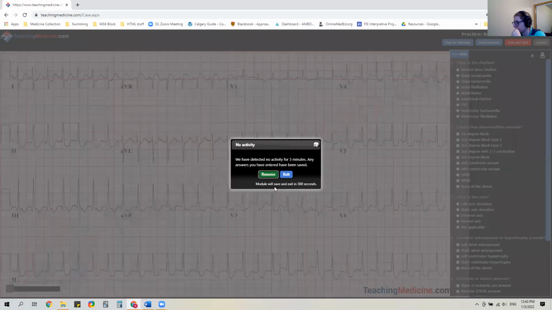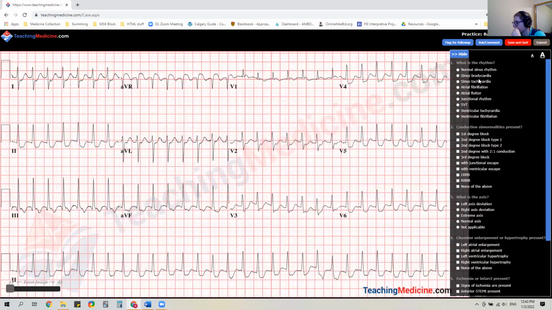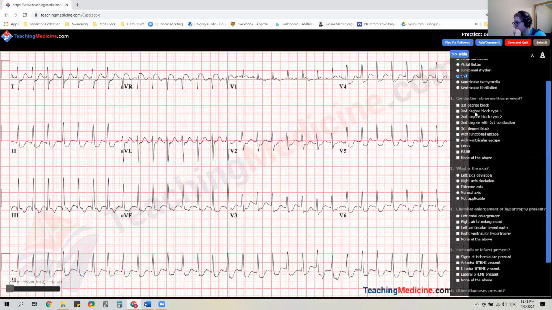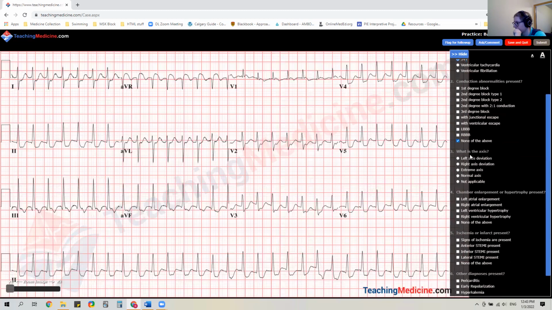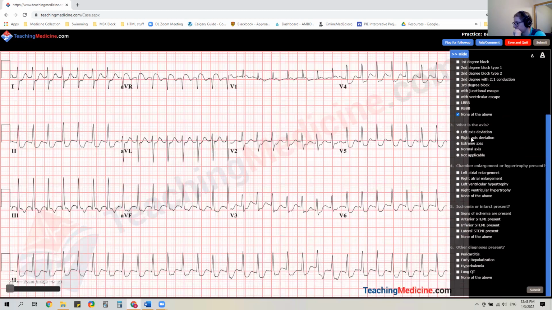So rhythm, probably not a sinus, probably supraventricular tachycardia, AVRT or AVNRT. No conduction abnormalities, right axis deviation, right ventricular hypertrophy. Signs of ischemia, but no STEMIs. And I don't think any of these would apply. No pericarditis, no really repolarization or any of those.